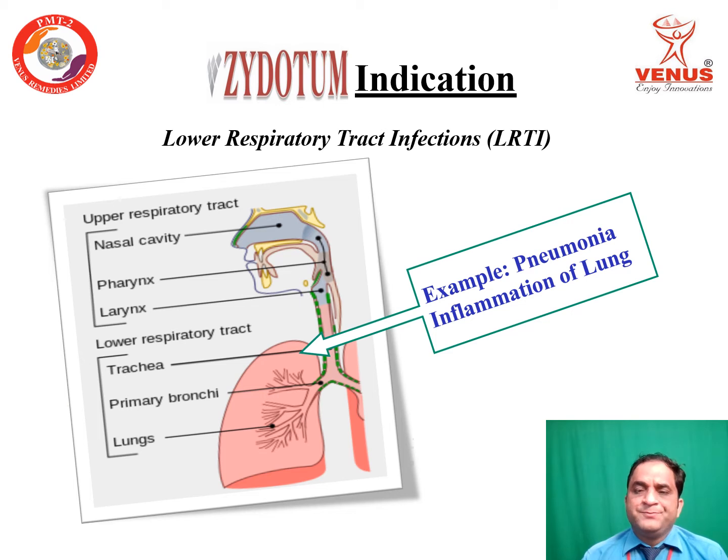Now, indication. The first indication, LRTI, lower respiratory tract infection. So, infection inside the lower respiratory tract, the respiratory tract below the neck, which includes trachea, bronchi, and lungs. Here, pneumonia, an inflammation of the lungs, is an example of lower respiratory tract infection.